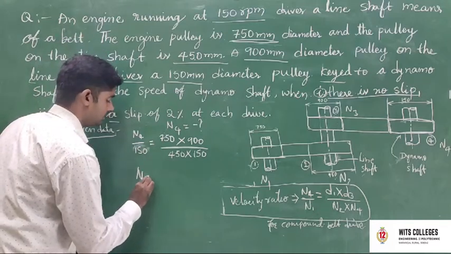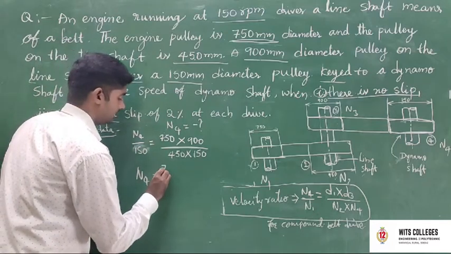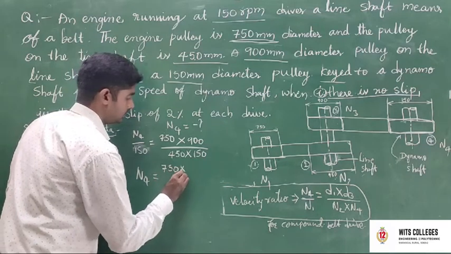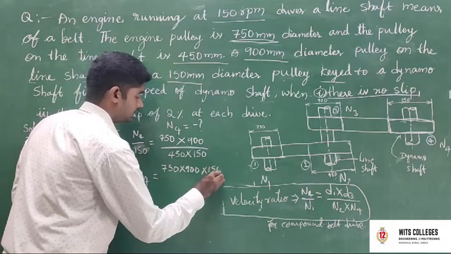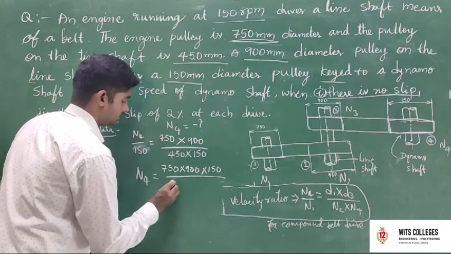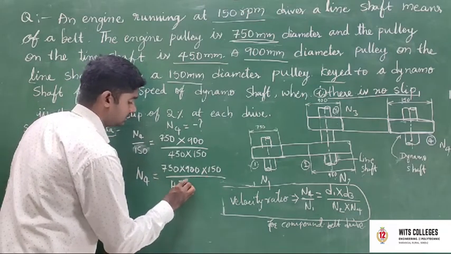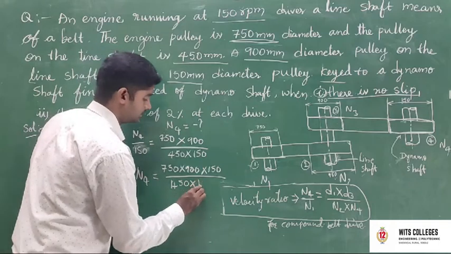Then N4 is equal to 750 into 900 into 150 by 450 into 150.